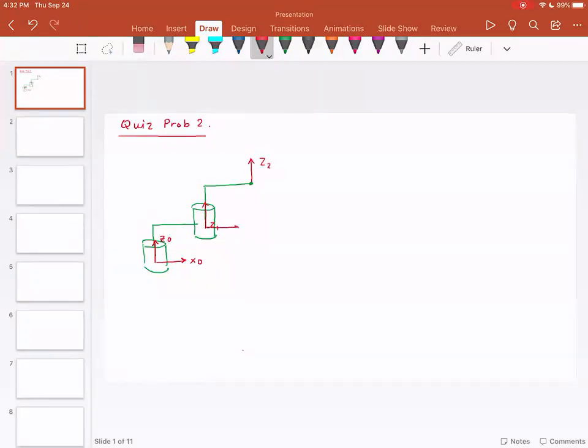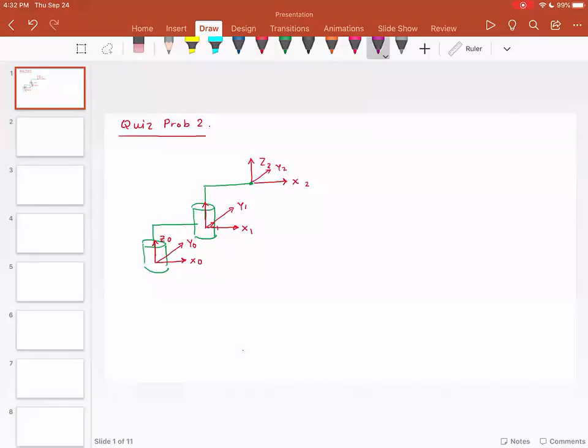So this is going to be X1. X2 has to be perpendicular to Z2 and Z1. So this is going to be X2. Then using the right hand coordinate system, I need to set up the Y's. So this becomes Y0, this becomes Y1, and this becomes Y2.